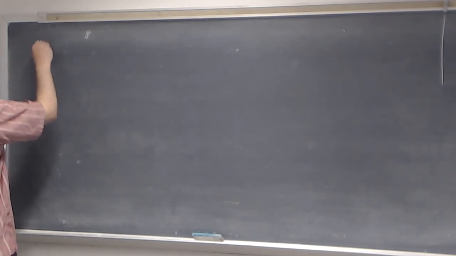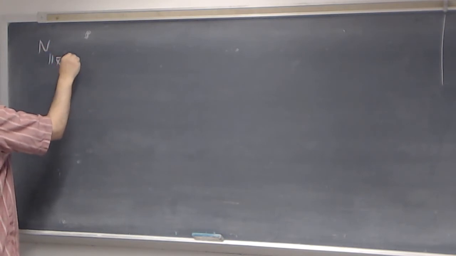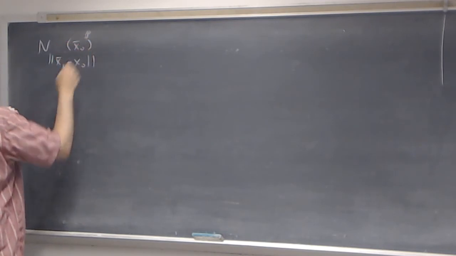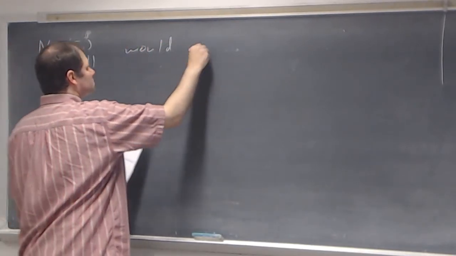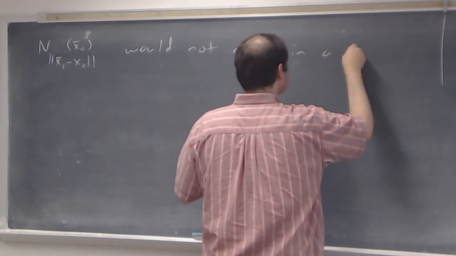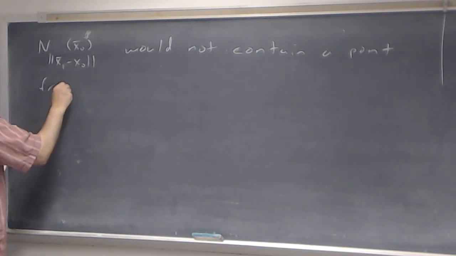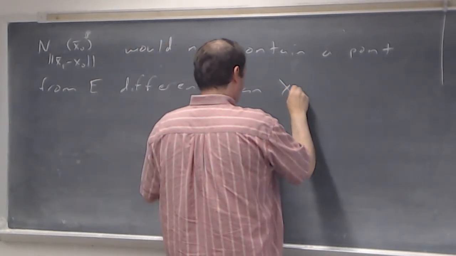We're going to look at the neighborhood with radius the norm of x sub 1 minus x sub naught, about x sub naught. This would not contain a point from E different than x sub naught.